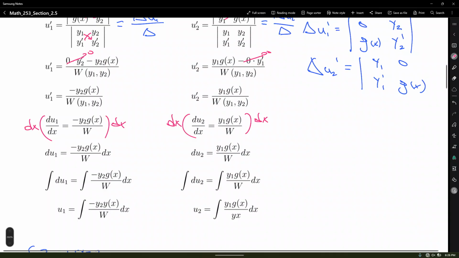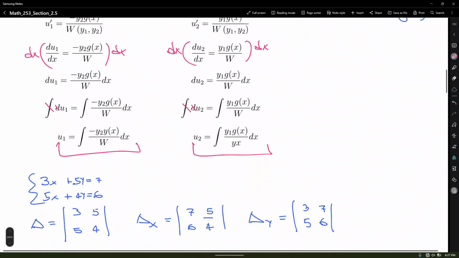Integrate both sides, all right? The integral of the u1 prime will be u1. The integral of the u2 prime will be u2. And this is how we find these coefficients, which again are no longer constant. You can see these are integrals, which may give us constants as a final result, maybe, but actually these are going to give us functions of the independent variable.